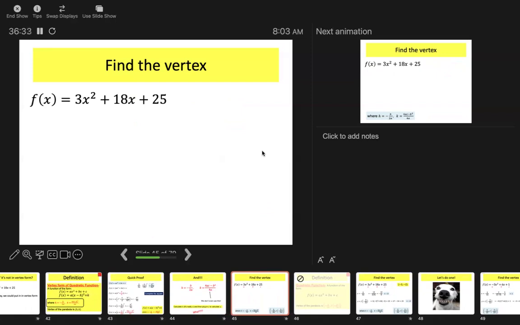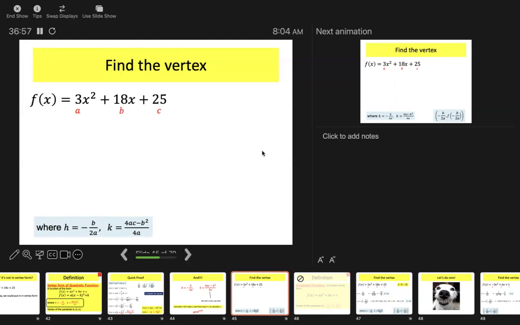To find the vertex, we find the x value. What's the formula for the x value? Negative b over 2a. So what's b there? In this one, B is 18. Remember, there's the formula right there. So I just need A, B, and C. In fact, I don't even need C for the H formula.